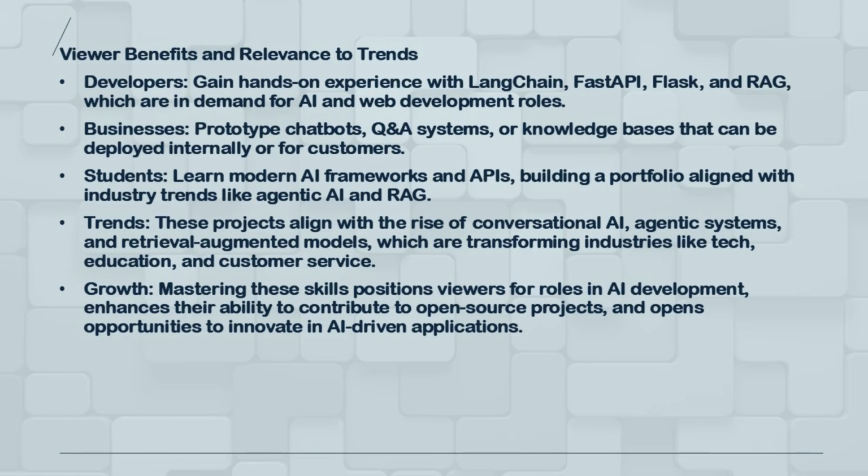These projects align with the rise of conversational AI, agentic systems, and retrieval augmented models, which are transforming industries like tech, education, and customer services. Growth: mastering these skills positions viewers for roles in AI development, enhances their ability to contribute to open source projects, and opens opportunities to innovate in AI-driven applications.